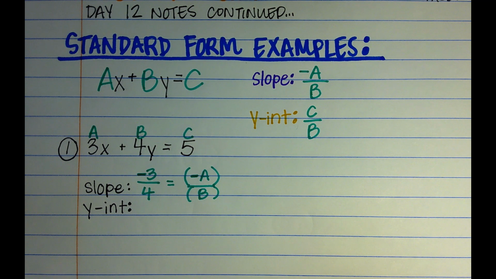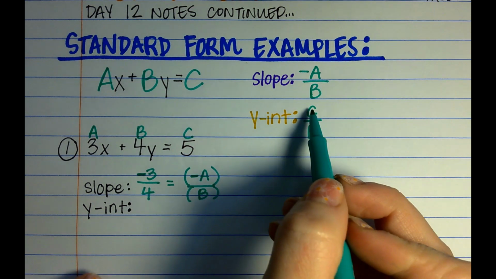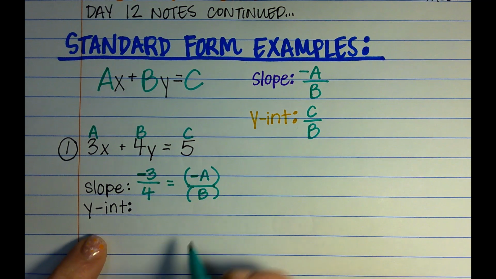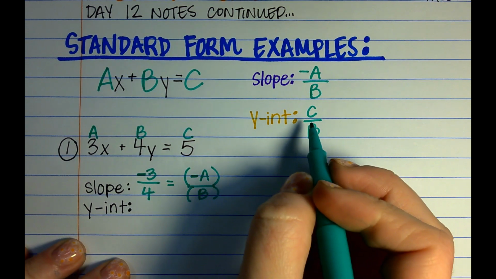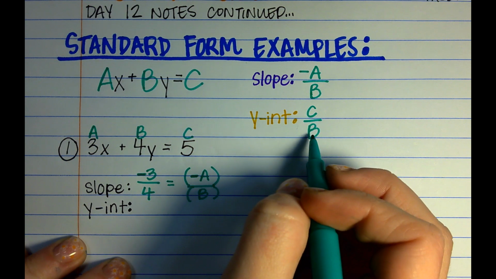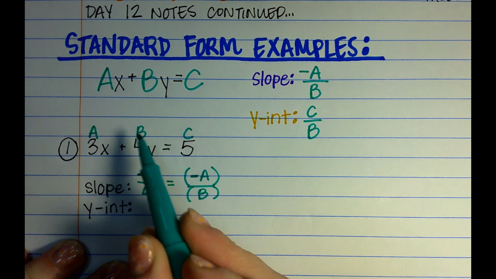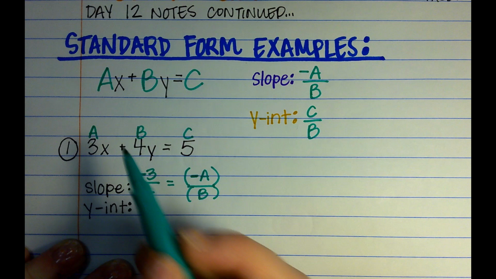And what would my y-intercept be? 5 over 4. Normally we don't see a fraction for our y-intercept, but in this case, obviously we do. My y-intercept is C over B. C is 5, B is 4, so it's 5 over 4.